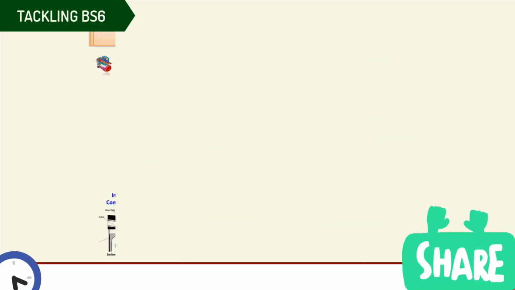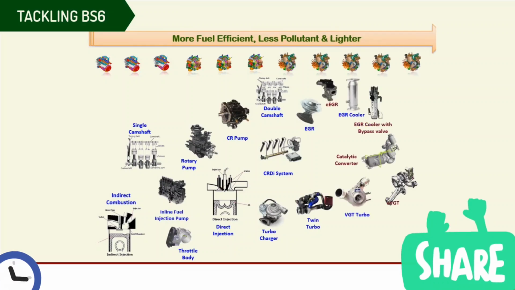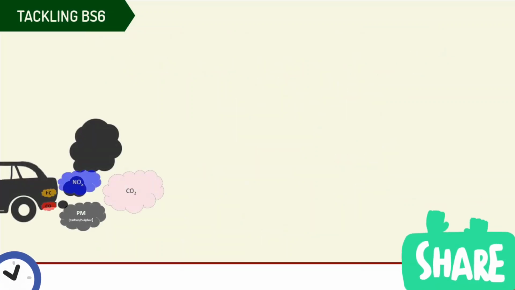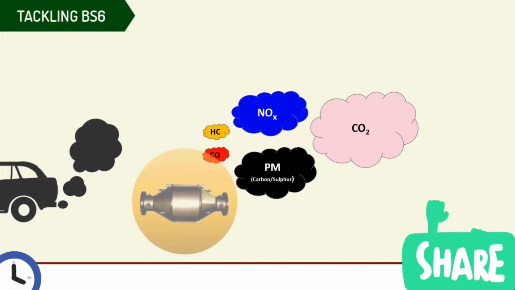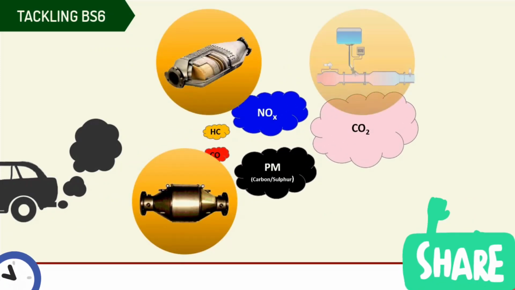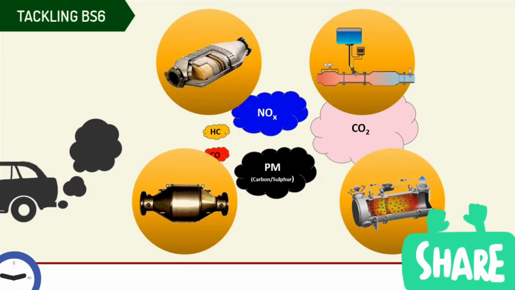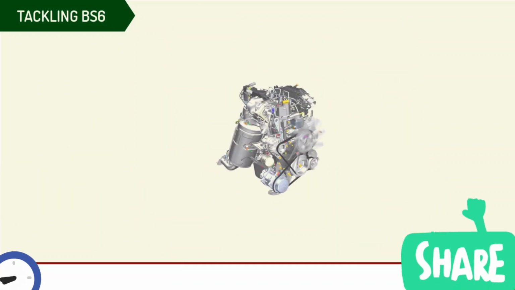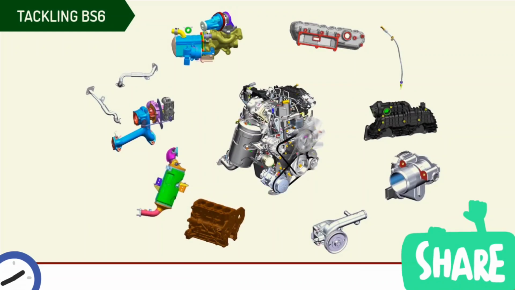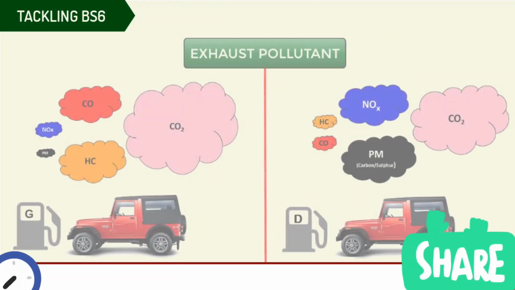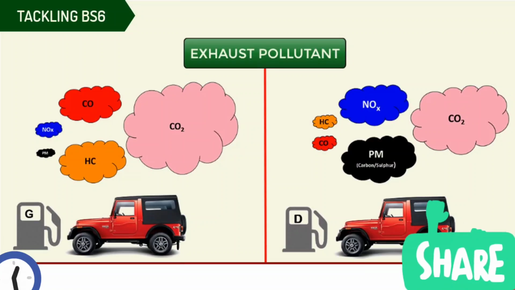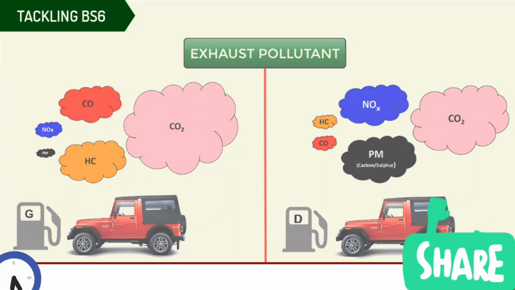Tackling BS6. While technology has been evolving to meet the regulatory requirements, BS6 will push the technology further by bringing more electronics and control systems. There will be changes in engine technologies and in exhaust aftertreatments in both gasoline and diesel vehicles.